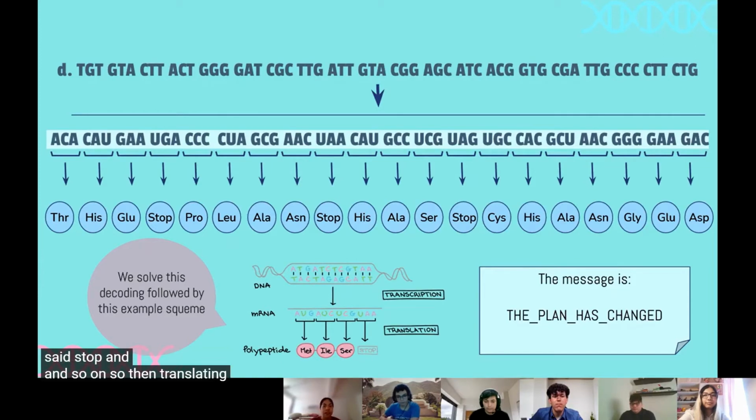So after doing that, like here, that is the transcription, then the translation, and these abbreviations, by searching the symbols, the resulting message was, the plan has changed.